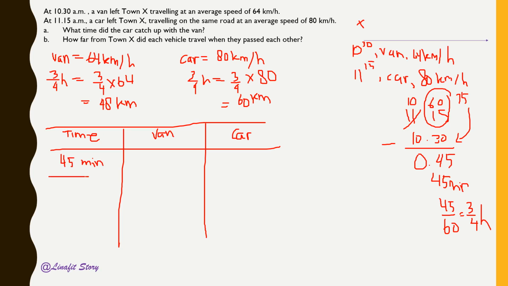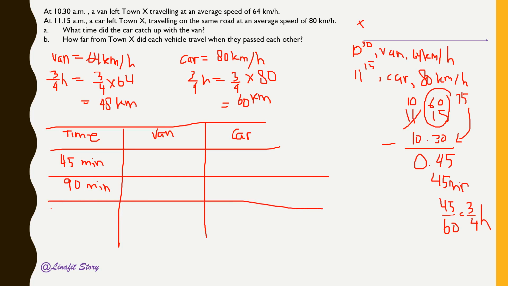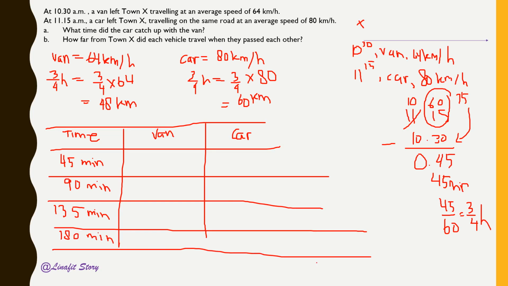So 45 plus 45 means 90 minutes. Plus 45 equals 135 minutes. And then plus 45 is 180 minutes. Plus 45 again, so equals 225 minutes.